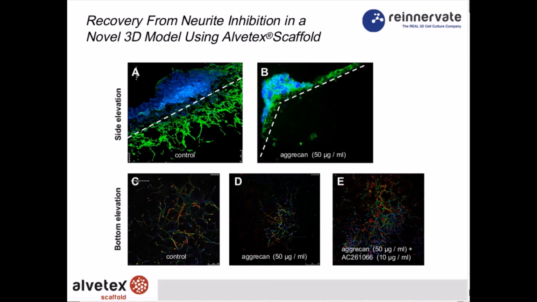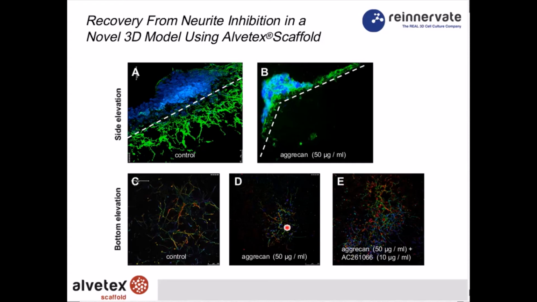So we can study the interaction of the neurites with this molecule. And you'll see in this example that neurite outgrowth has been significantly reduced. If we look at the bottom elevation now, so these are the neurites coming all the way through the material, we can see how in the control there are neurites as before, but when coated with aggrecan, much fewer neurites.